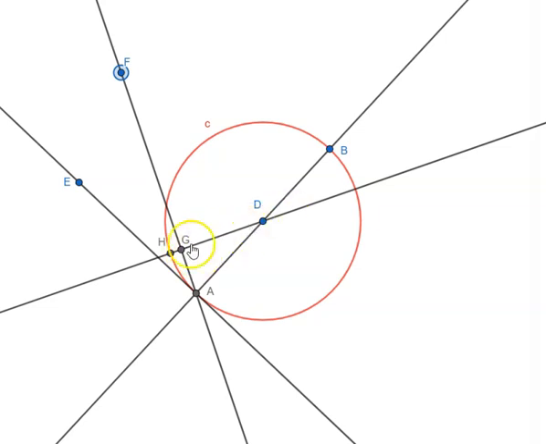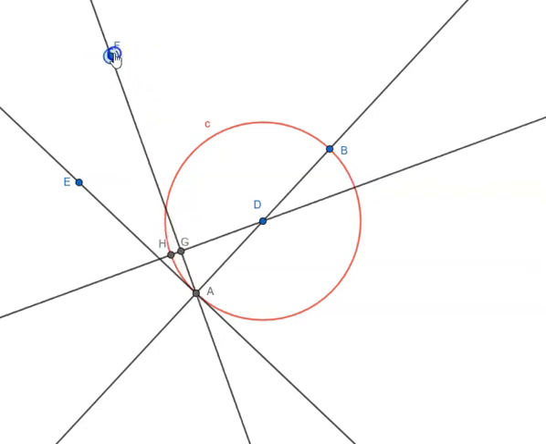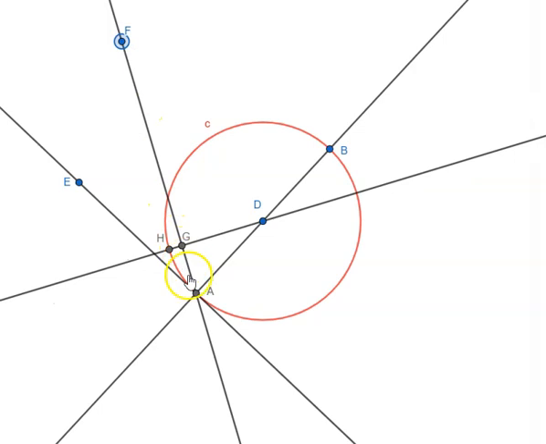Why? Because GD is supposed to be greater than DH, because the line can't lie inside the circle. For explanation purposes we have drawn it like this, because the proposition itself says we can't draw it, so we are assuming this. So you have to remember that GD is greater than DH, because this line is supposed to fall outside the circle. That means G is supposed to be outside the circle.